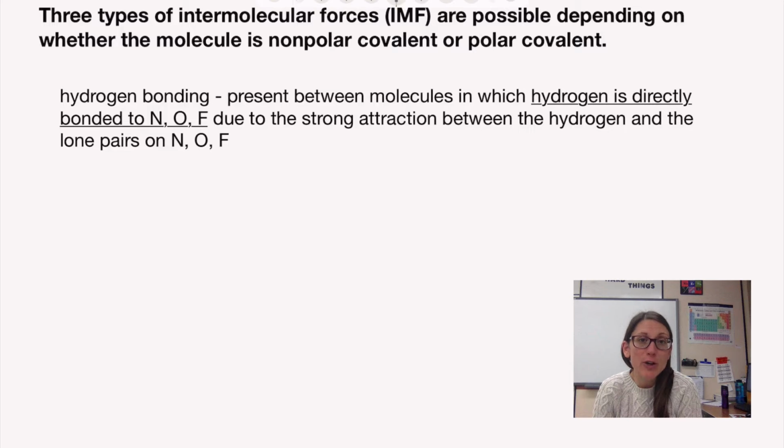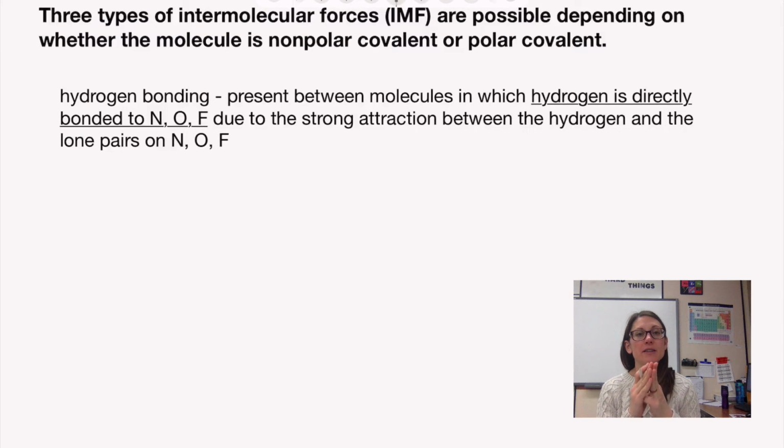The third type of intermolecular force is called hydrogen bonding. Don't be deceived. This is still an intermolecular force. So hydrogen bonding is basically a dipole-dipole force on steroids. It is present only in molecules where you have hydrogen directly bonded to a nitrogen, an oxygen, or a fluorine.